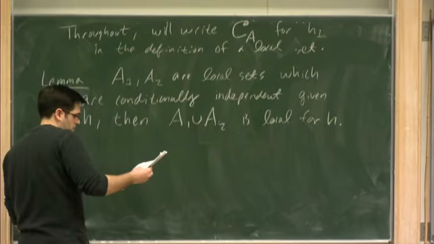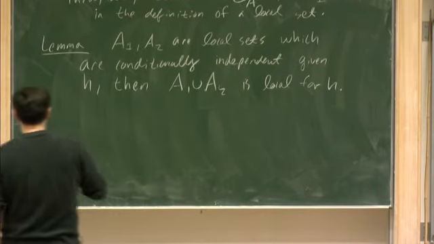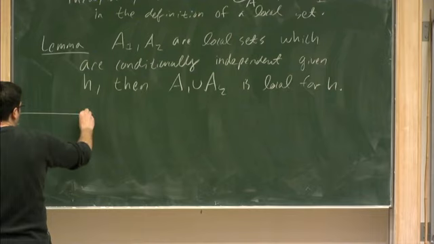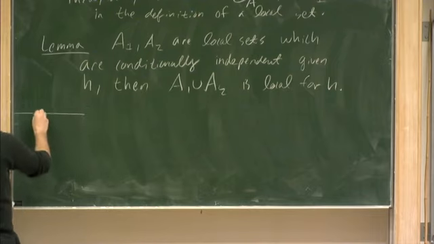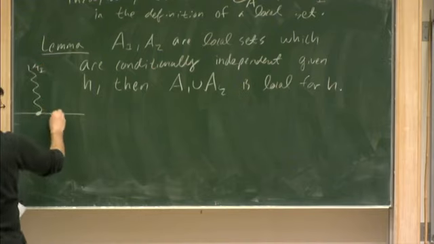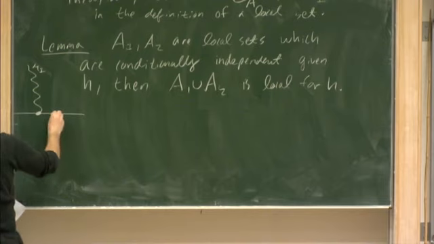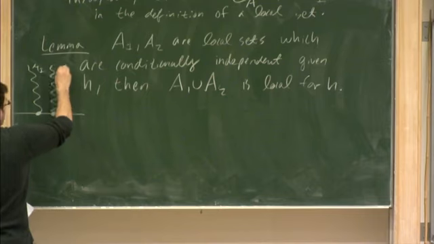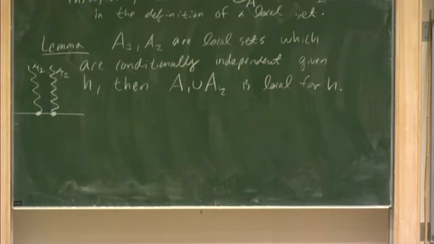So for example, in the setting of the SLE Gaussian free field coupling, you could draw one flow line, say A to 1, and then that's going to be a local set. And then you can toss in another one, A to 2, and then their union is going to be local, provided you sample them to be conditionally independent given the field.